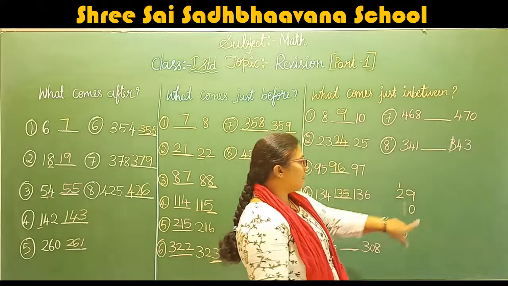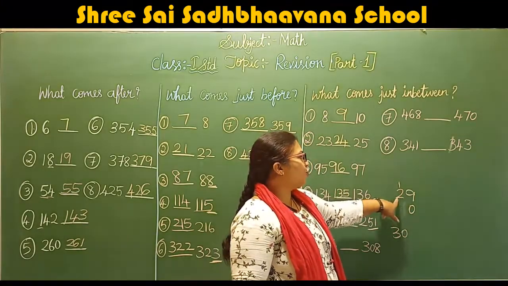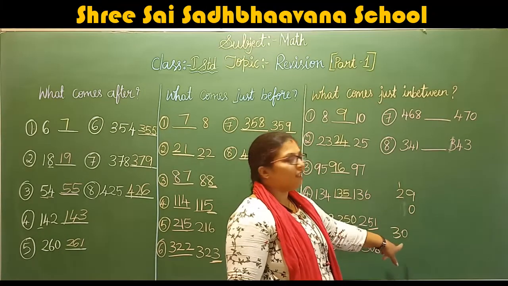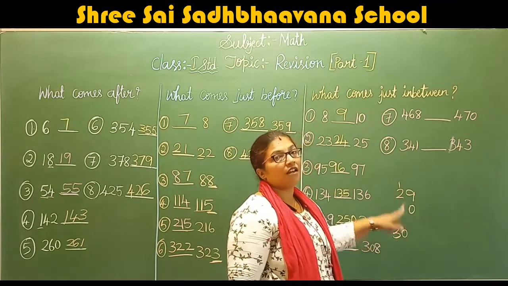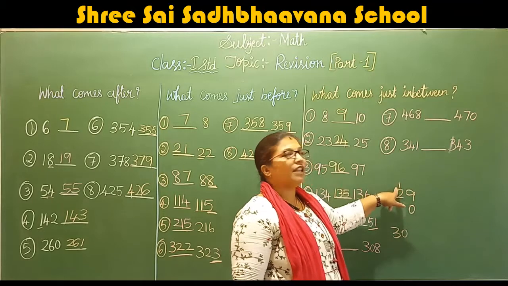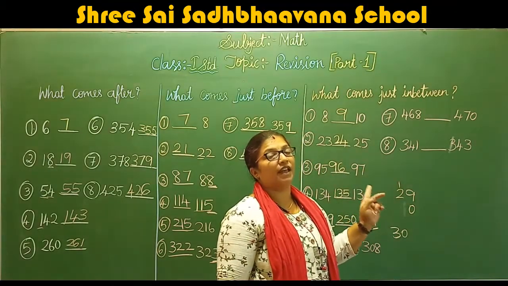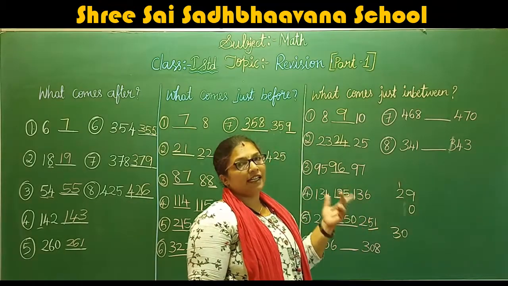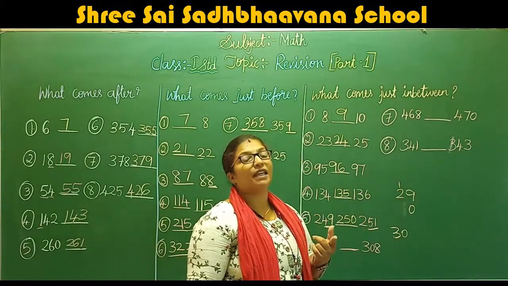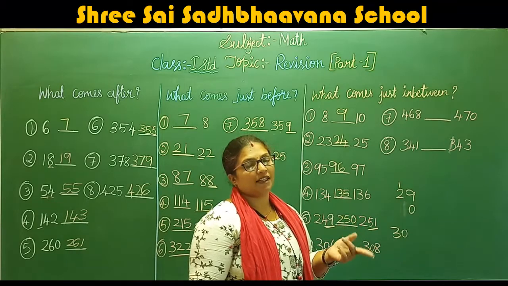So here 0 and this 2 plus 1 becomes 3. So it becomes 30. So this 10 where it will carry on? To the 10th place number. That 1 will be carry on to 10th place number.